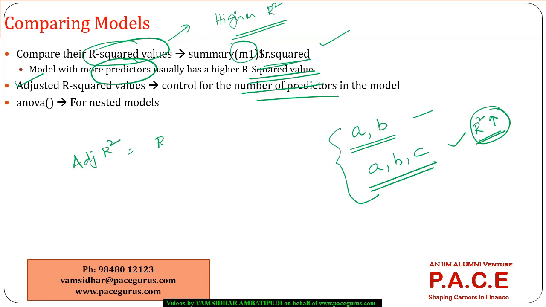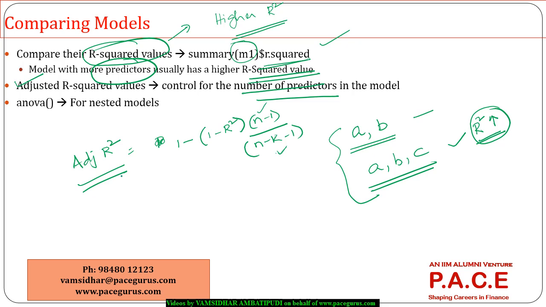It comes out as 1 minus (1 minus r squared) multiplied by (n minus 1) divided by (n minus k minus 1). N is your total sample size and k is the number of predictors that you have as a part of your model.